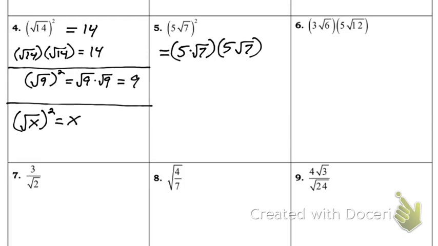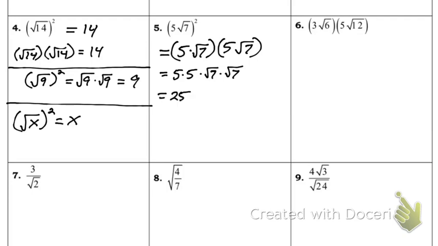All right, I'm going to organize it because I can move these around. Like 5 times 3 times 4 is the exact same thing as 4 times 3 times 5. So we can move these around. I'm going to put the 5s by each other, and I'm going to put the square root of 7s by each other. So this is just going to equal 5 times 5 times square root of 7 times square root of 7. Well, 5 times 5 is easy.